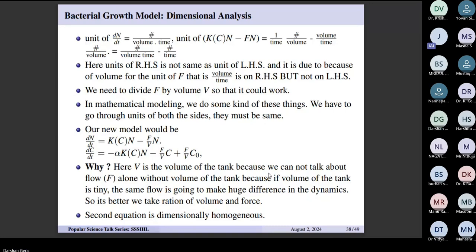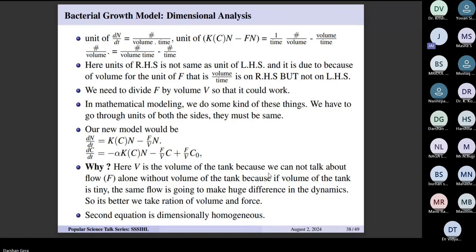So on the right-hand side you are left with number upon volume into time minus number upon time. To make the first equation dimensionally correct, the first term has the same unit as the left-hand side, but the second term does not. If I divide the second term by volume V, then the dimensions of both terms on the right-hand side will be the same.